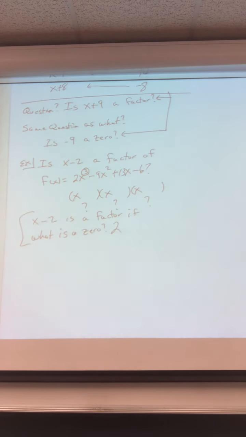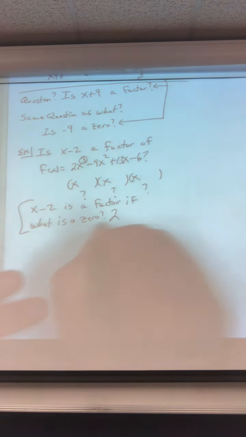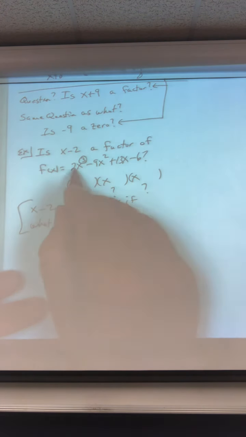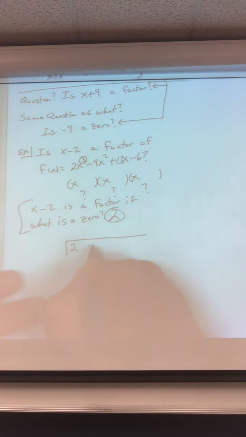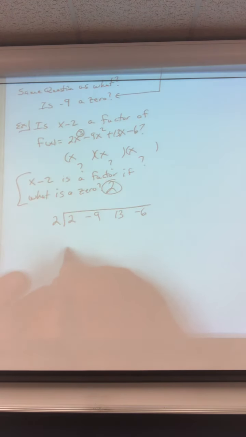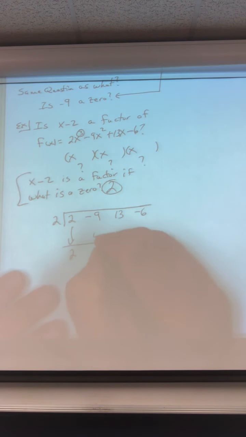You said, well, how do we work that? We learned how to work that in the last video. If you want to know if 2 is a 0 for this polynomial, you do synthetic division on this polynomial with 2. Bring down the 2. 2 times 2 is 4.